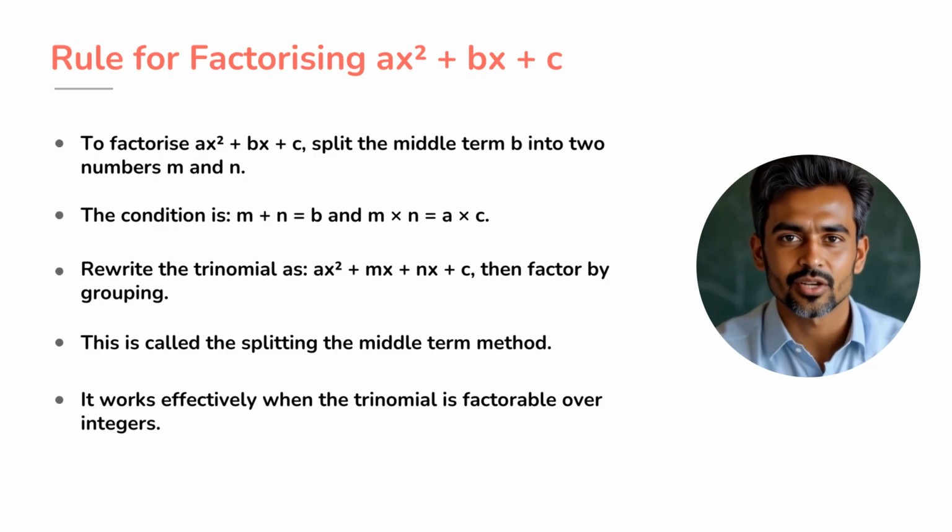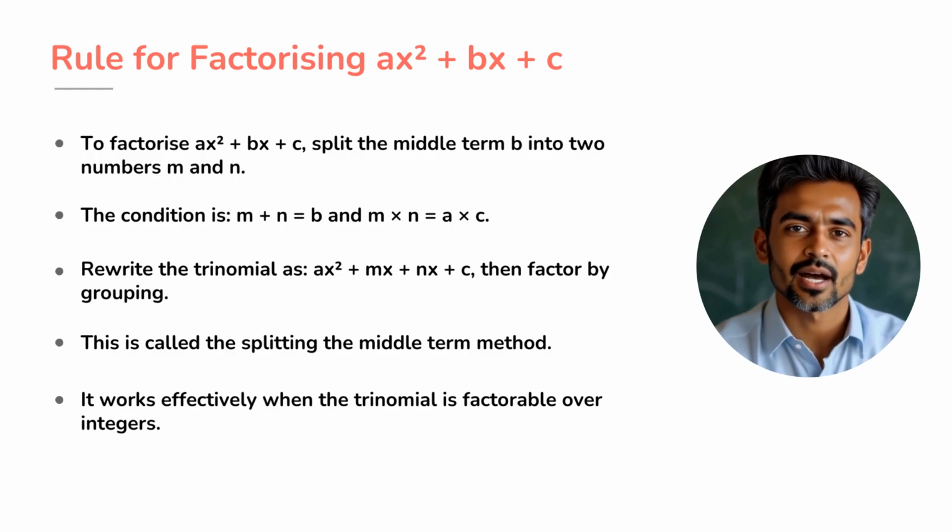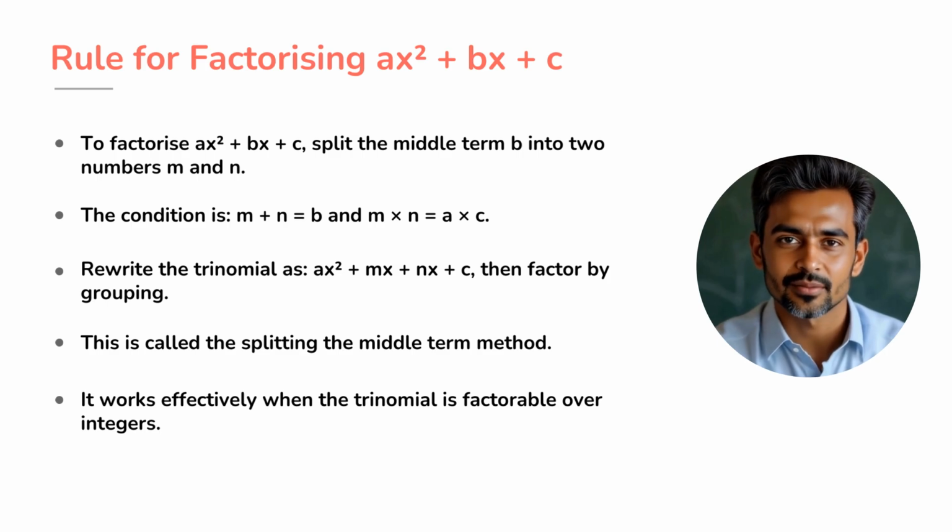To factor a trinomial like ax squared plus bx plus c, we use the splitting the middle term method. Here's the idea. We try to split the middle term, bx, into two terms mx and nx, such that m plus n equals b and m multiplied by n equals a multiplied by c.